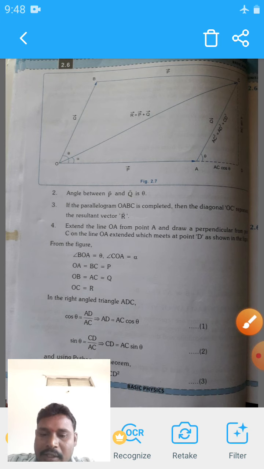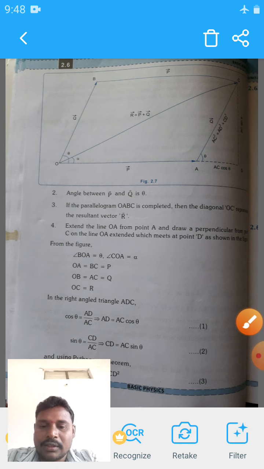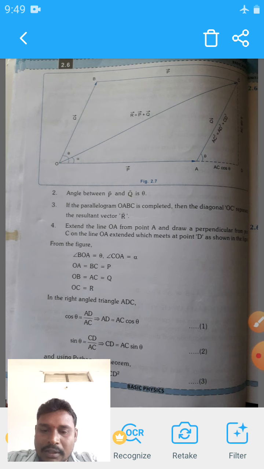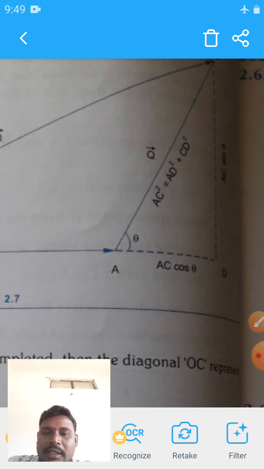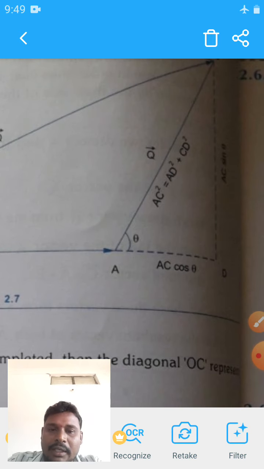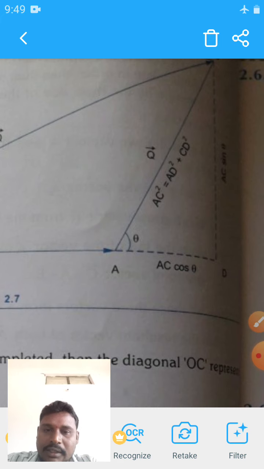To find this alpha, you have to use the trigonometry formula tan. So tan alpha is equal to what? We have to know the trigonometry formulas. Sin theta is equal to opposite side by hypotenuse. By utilizing sin theta equals opposite side by hypotenuse, we get AC sin theta, and for cos theta, the adjacent side by hypotenuse, we get AC cos theta.